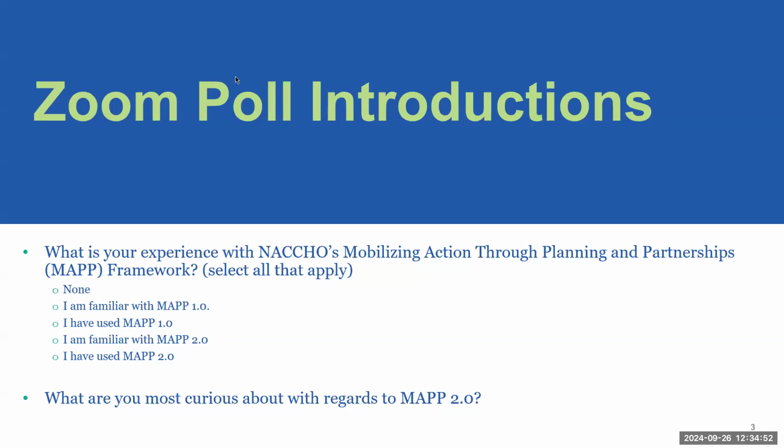So it looks like about 46% of us said none for their experience, followed by 29% being familiar with MAP 2.0, 27% being familiar with MAP 1.0. Only 17% have used MAP 1.0, and only 10% have used MAP 2.0.